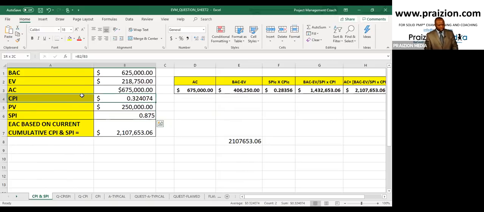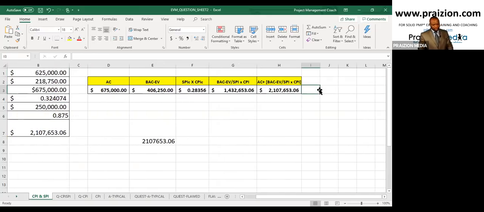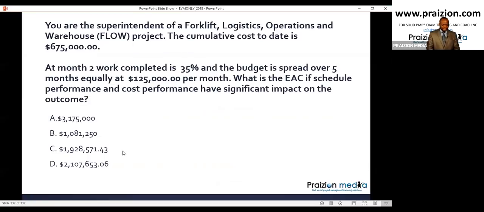We get 0.32 for CPI, and boom, plug it all in, and you're going to end up with an answer of 2,107,653. So the answer you should have gotten is D. The answer to this problem is D.